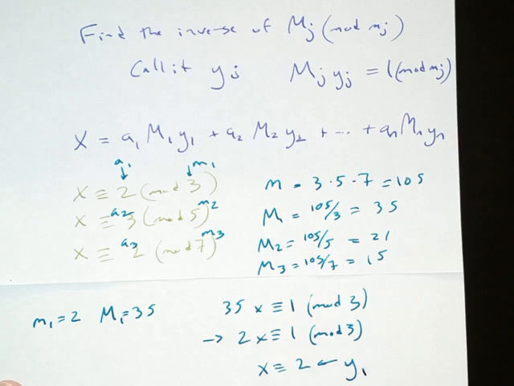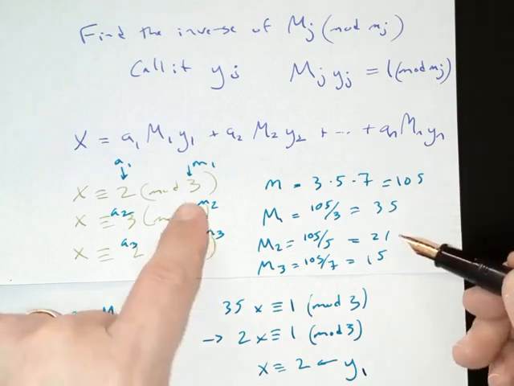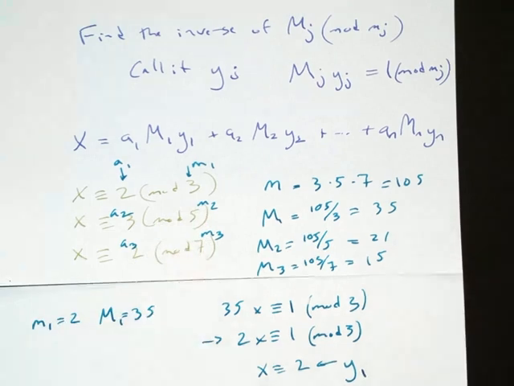That is the y number. See the top of the screen? It says call it yj. So I'm going to call this number y1. You have to do this process 2 more times with 21 and 5, and then with 15 and 7.